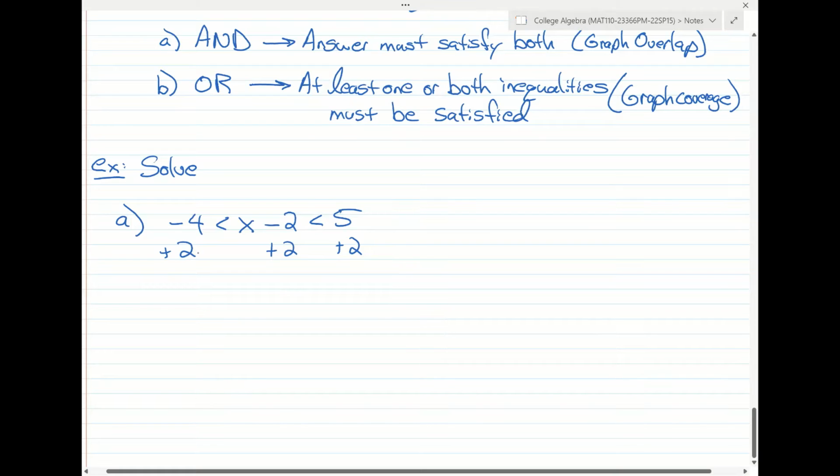You can't just do one side. Whatever you do to one side, you must do to the other.